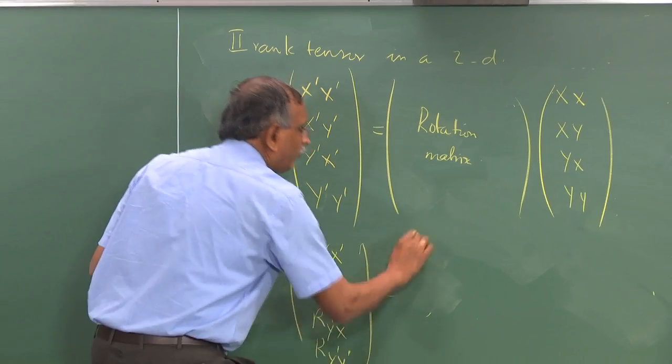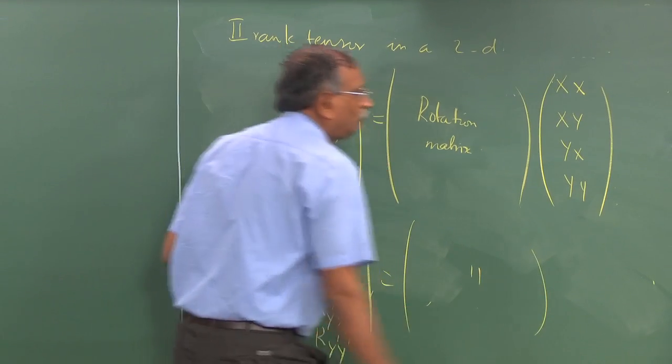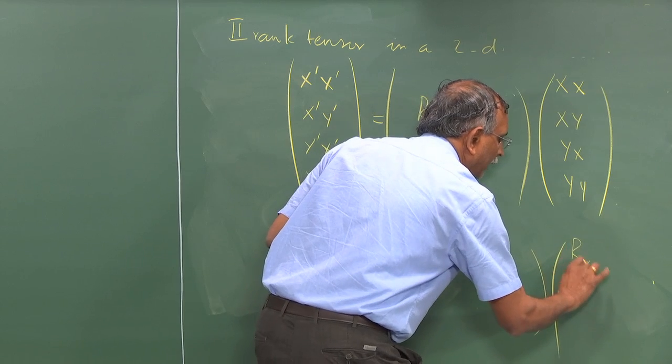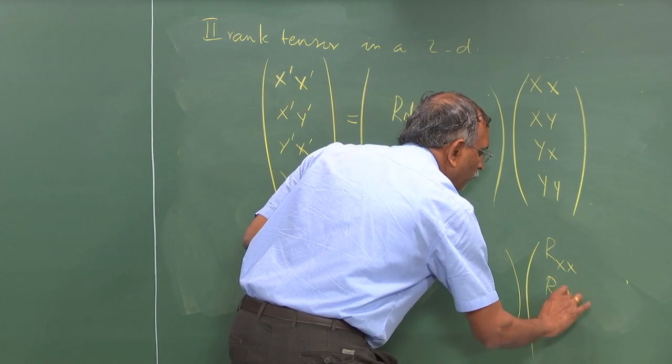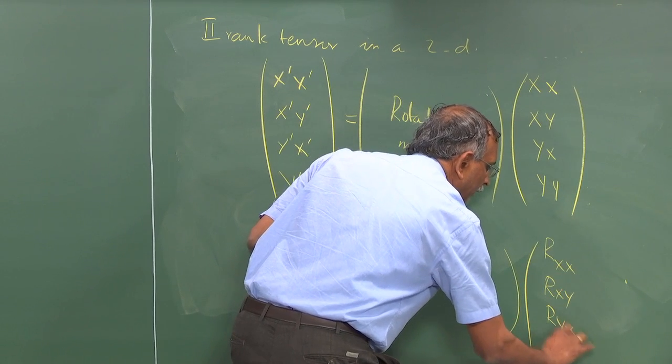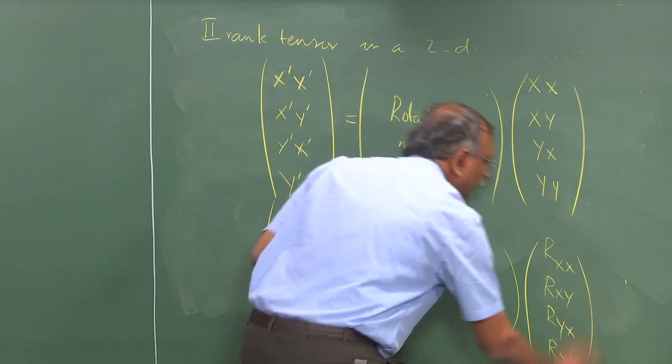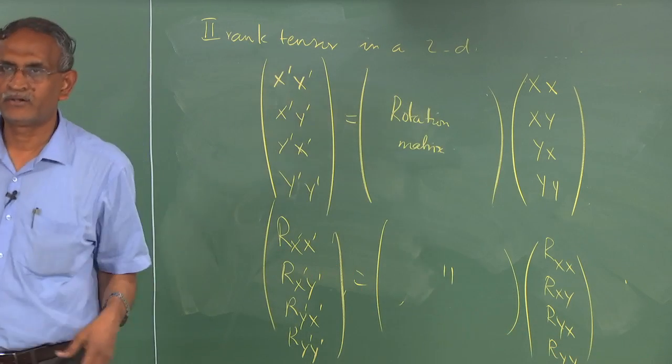These 4, with the same rotation matrix, are connected to the unrotated components xx, xy, yx, and yy. These are called the second rank tensors.